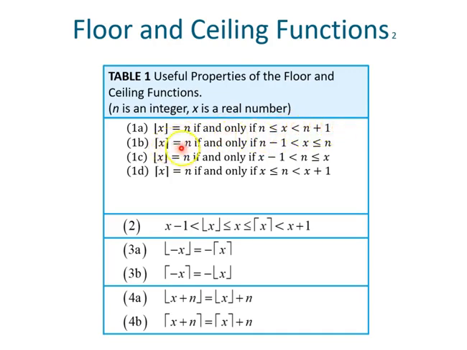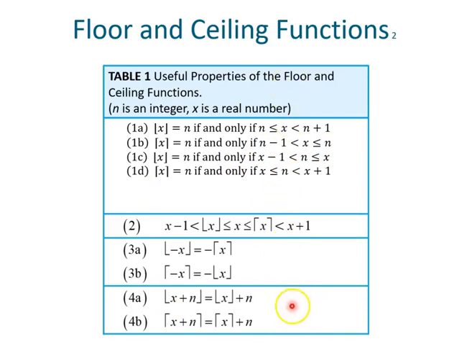The ceiling of x is n if and only if n minus 1 is less than x and x is less than or equal to n. And we continue with the remaining properties.